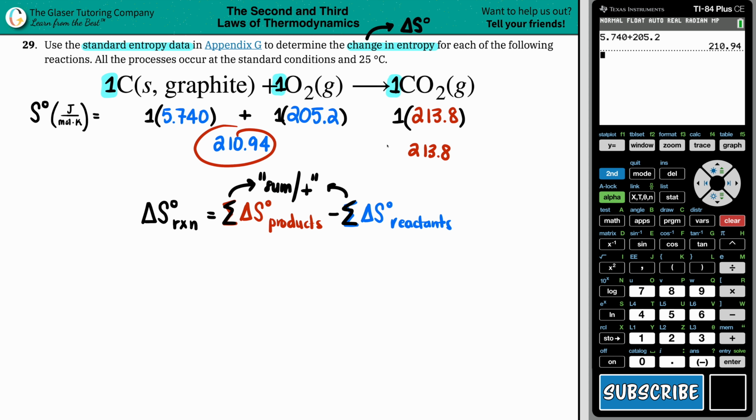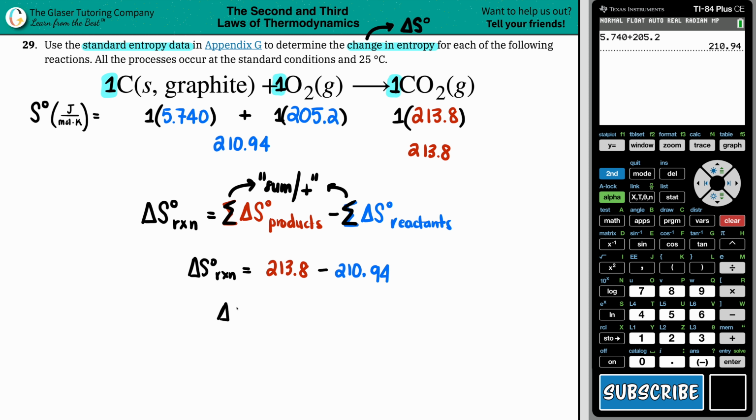So here are my total values. Let's plug those values in for the delta S. So the change in the entropy, the delta S standard, that notch, for the whole reaction, rxn is reaction, is just equal to 213.8, and I'm just going to minus the 210.94. Okay, let's see.